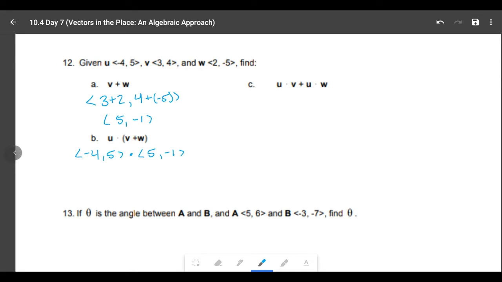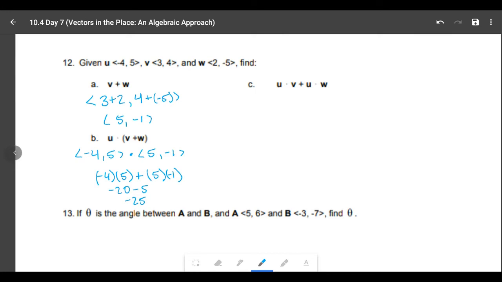So the dot product, we are going to take the horizontal components, so the negative 4 and 5, and multiply them. Add that to the product of the vertical components. So we get negative 20 minus 5, and our dot product is just negative 25.